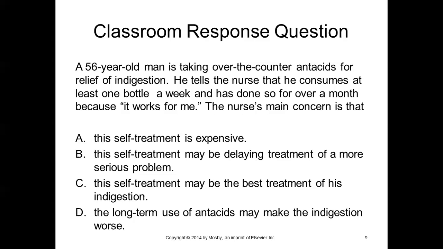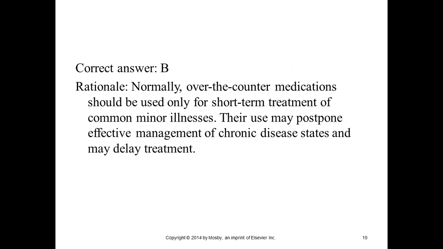From that point of view, the answer is B. B is the most important concern. It makes indigestion worse, okay, indigestion is worse. But if it is causing another, more dangerous disease, a serious problem, that is the biggest problem. So the answer is B.